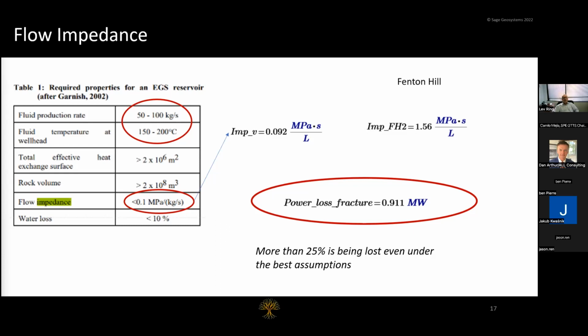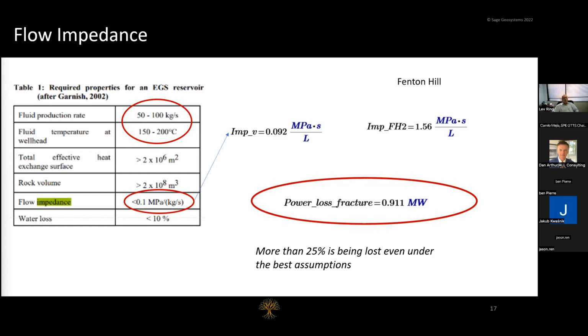What it means is that production was at least 10 times less, under 1 megawatt, than would be required to be commercial. Actually, I can make a broader statement. All the successful attempts to create EGS systems resulted in power production that is almost 4 or 5 times less than is required to make money.